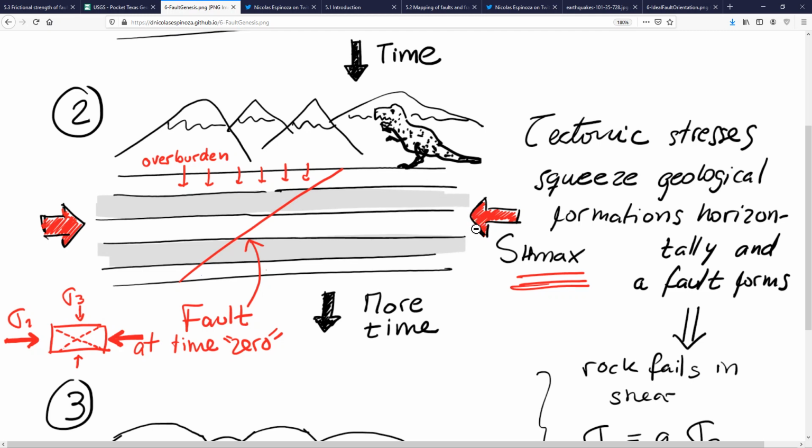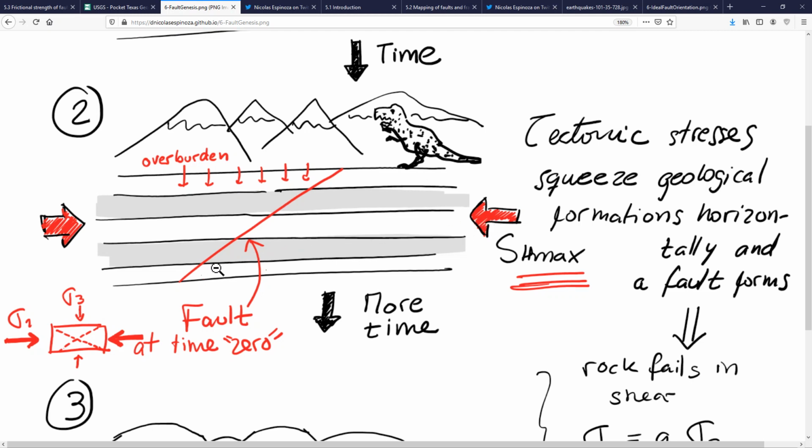If those tectonic strains are enough, I could produce a failure of these sedimentary layers that were originally not broken, but if I overcome the shear strength of such material, what is going to form is a fault. And notice that the orientation of such fault is going to depend on the orientation also of the principal stresses at such location.